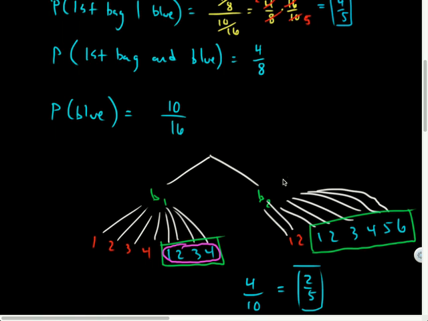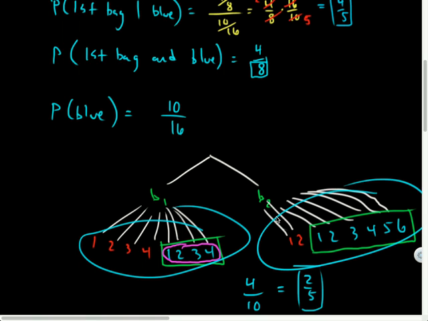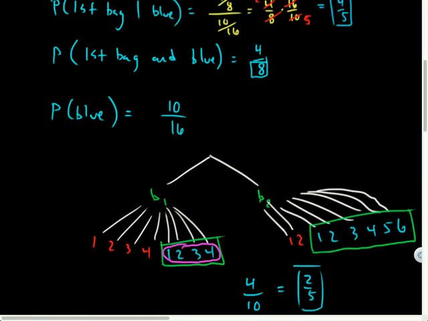Then I said the probability of first bag and blue was 4 out of 8. Oh no, this denominator is where I messed up. I said this was 4 out of 8, but the probability of the chip being from the first bag and blue is 4, and there were still 16 possibilities total. Okay, good.